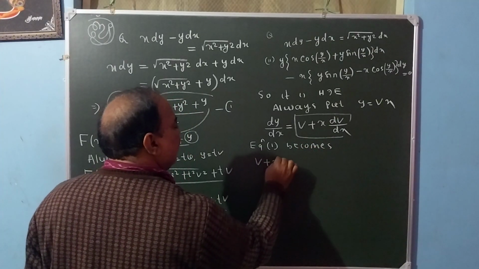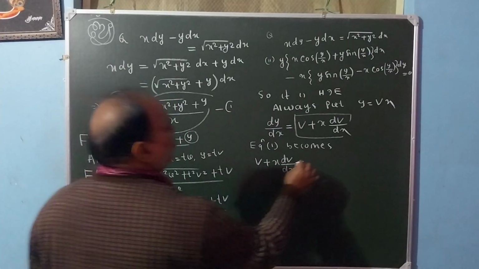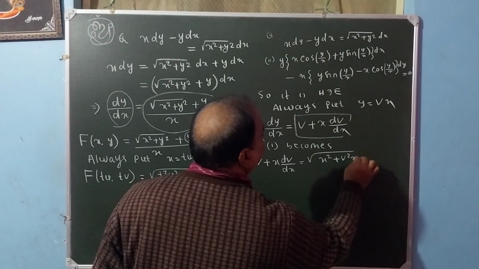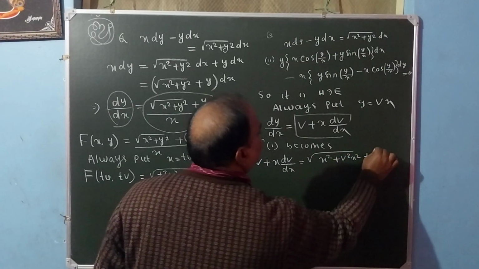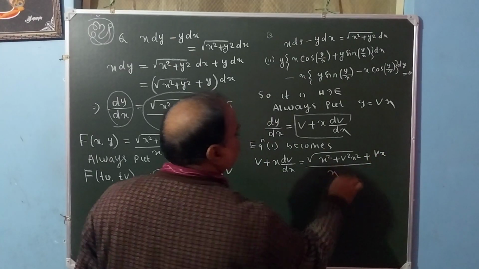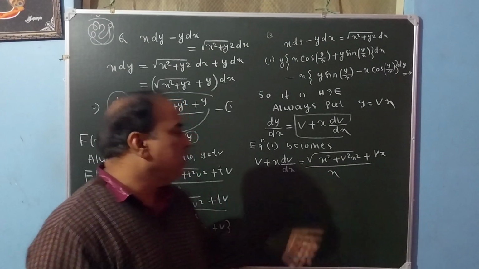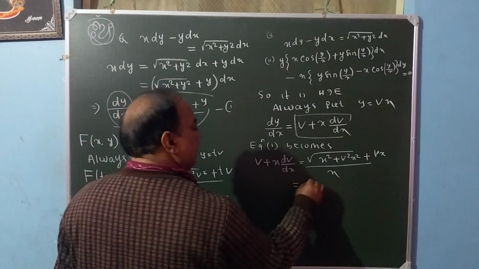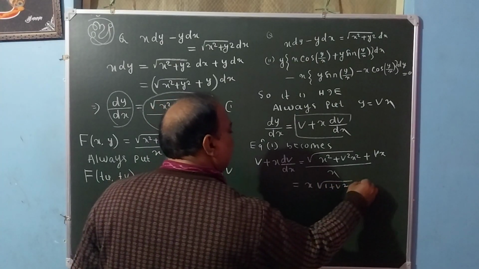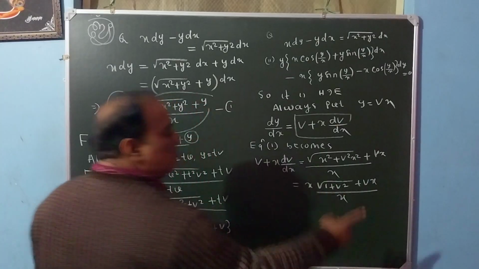So the equation 1 becomes v plus x dv by dx is equal to root over of x square, here it is v square x square, plus vx, by x. So x square common here, we get x root over of 1 plus v square plus vx divided by x.